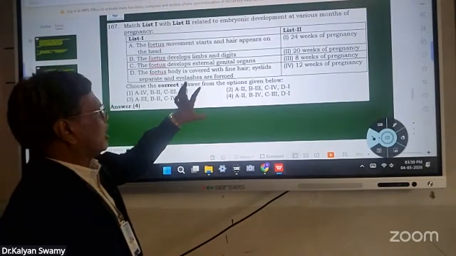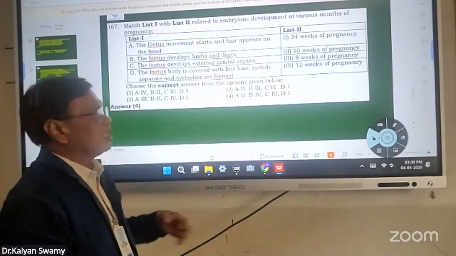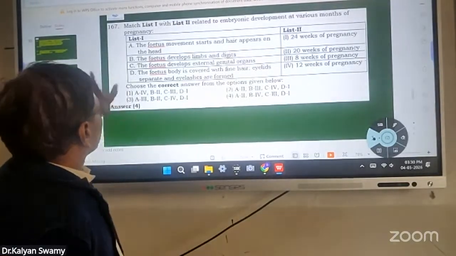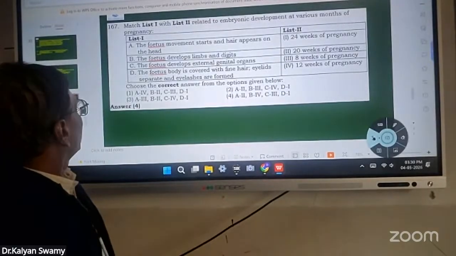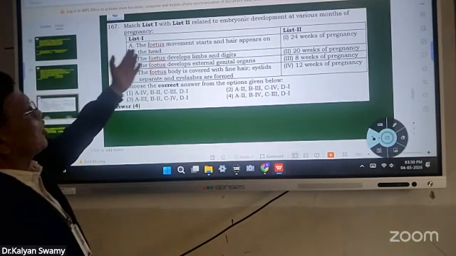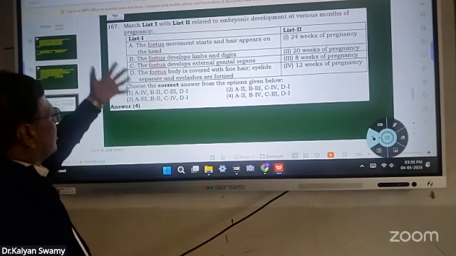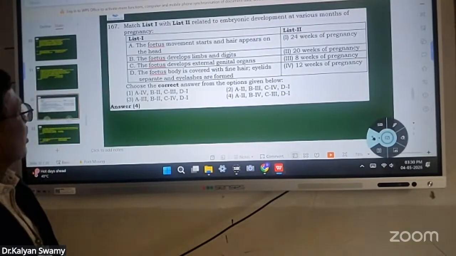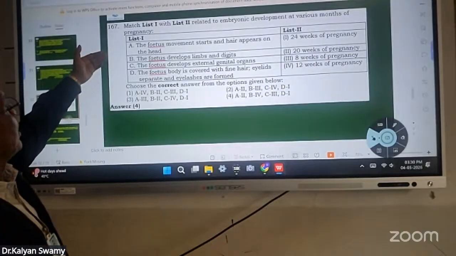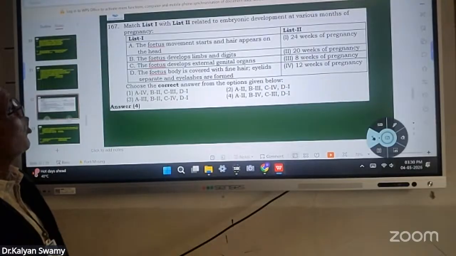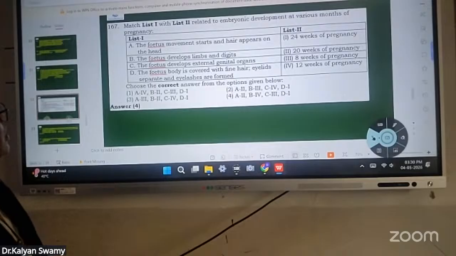It is the only difficult question to remember in the zoology paper. In the entire zoology paper, the fetus movement starts and here appears again and again. How many times we read it, we can forget. Here the fetus movement starts and hair appears on the head, almost.